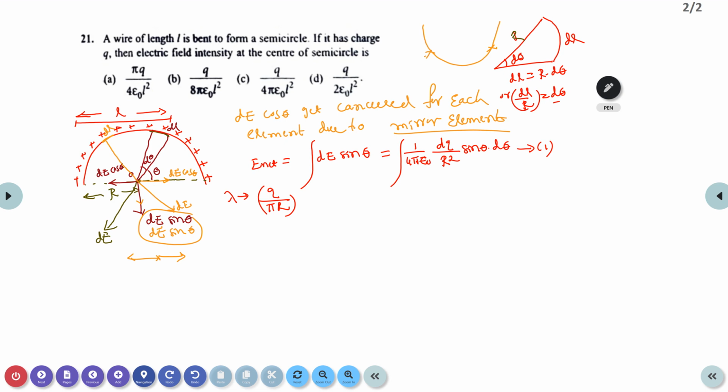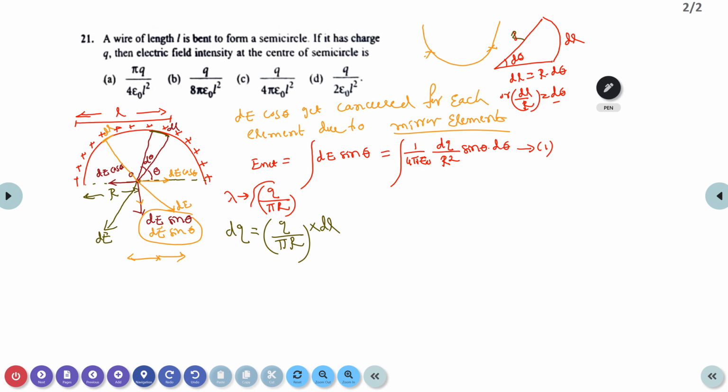I want to find the charge deposited only on this element. It is dQ equal to charge per unit length multiplied by dl. It gives the distribution of the charge on this element. I think it is clear for us.